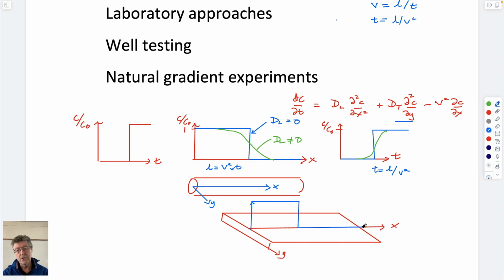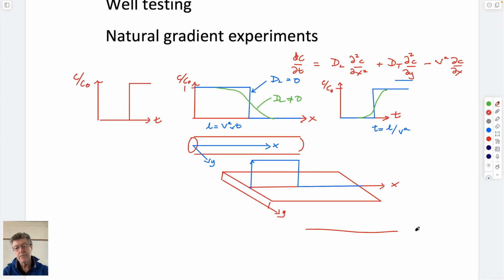If we had a constant source, and if we had a non-constant source, which is what we also talked about, then we'd have something that looked like the ripple moving downstream in the current.